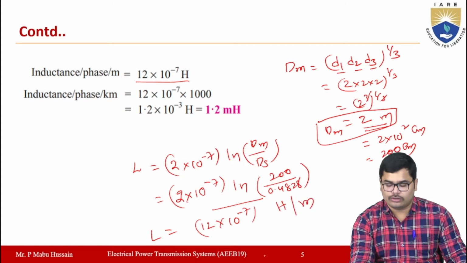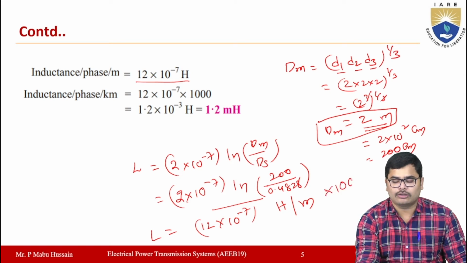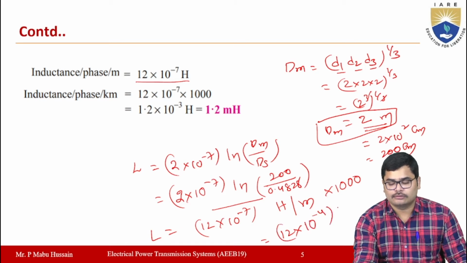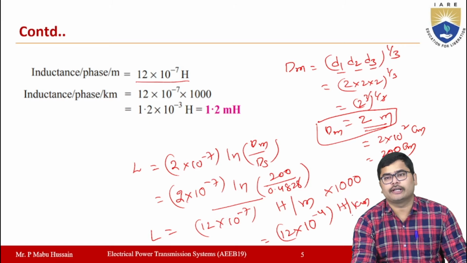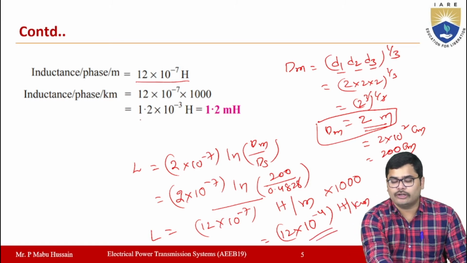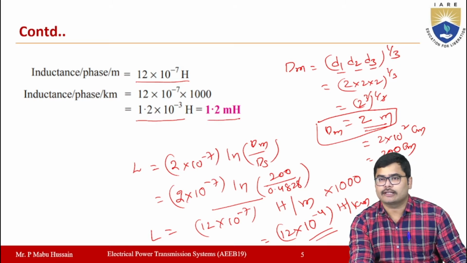If you want to get it for 1 kilometer, then you have to multiply this with 1000, so that you will get the value of inductance in henries per kilometer. Okay. So this can even be written as 1.2 into 10 power minus 3 henries, which is equal to 1.2 millihenries.